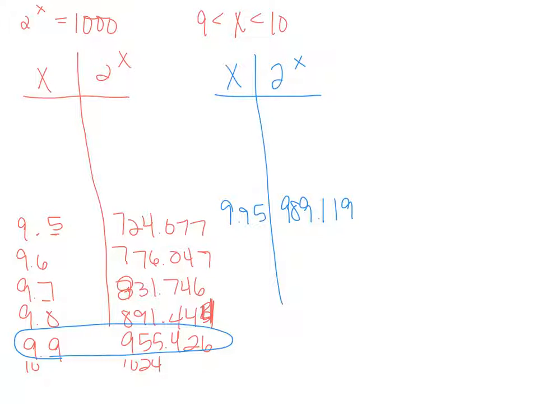And then 2 to the 9.96 is, getting close, 995.999. 2 to the 9.97 is 1002.926. So my answer, the closest will be that.